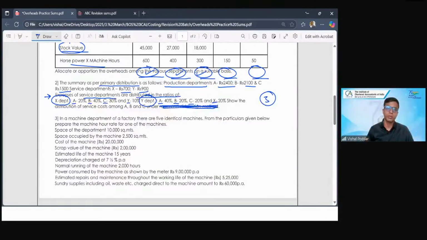And once we know it is of third scenario, we know that there are three methods, effectively two methods. If the name is not given, then it is your choice whether to use the repeated distribution or to use the simultaneous equation. Fine. I hope now this is perfectly clear to all. Okay?